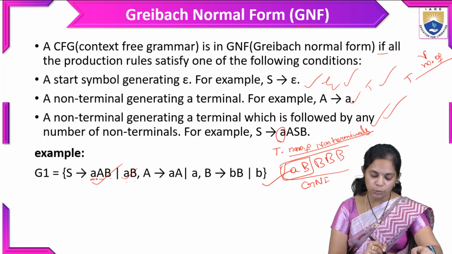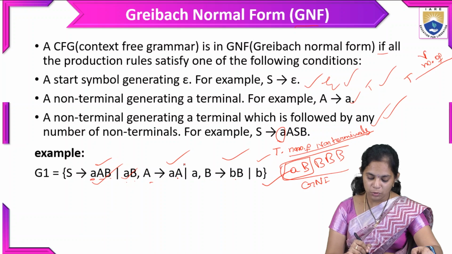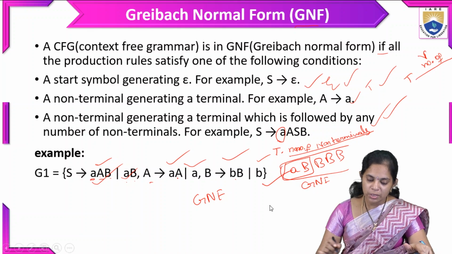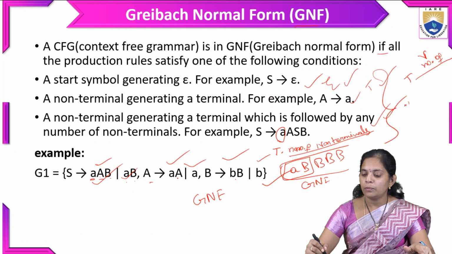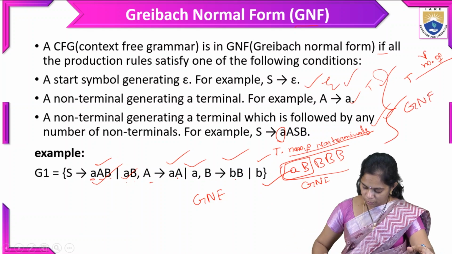Here also only a single value is there, we need to accept, and here also single, and this one terminal is also accepted. So these are all going to be in the GNF, Greibach normal form. So these are the conditions we need to follow for the GNF.